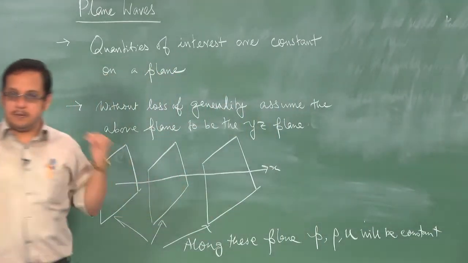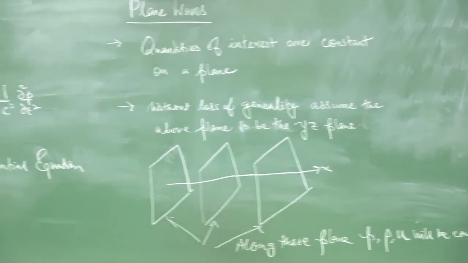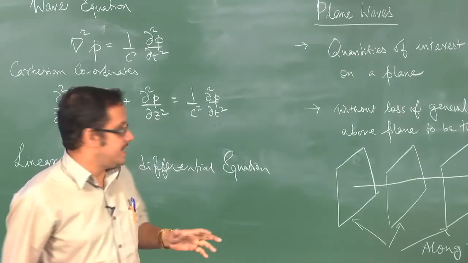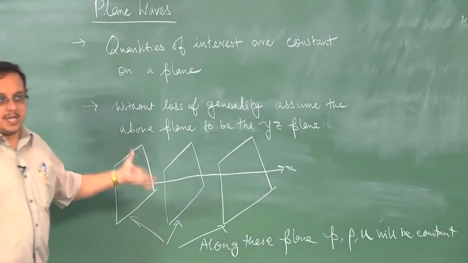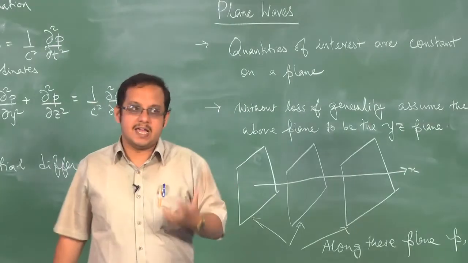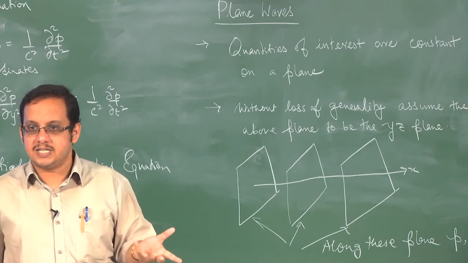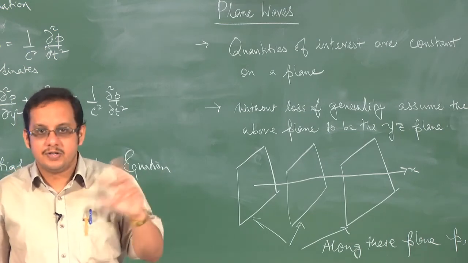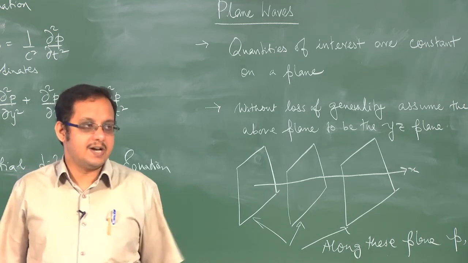The only way in which acoustic pressure will change between 2 points is if these 2 points have different x coordinates. If 2 points have the same y and z coordinate, then the variables will not change. It will change only if the 2 points have different x coordinates.